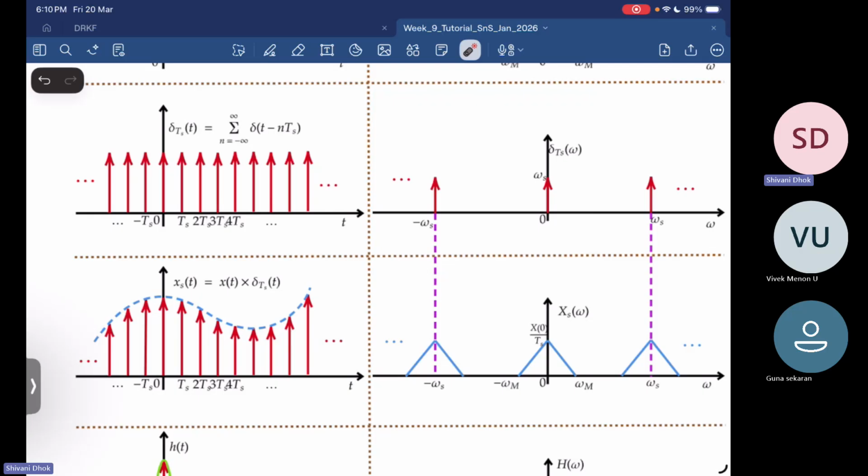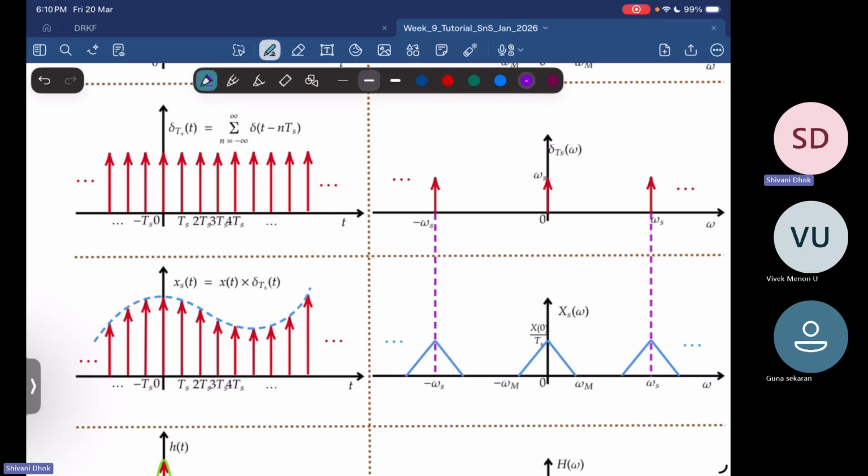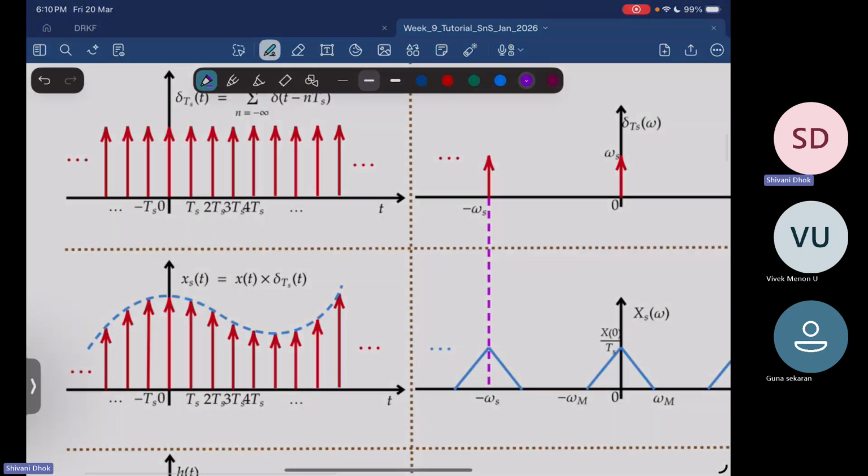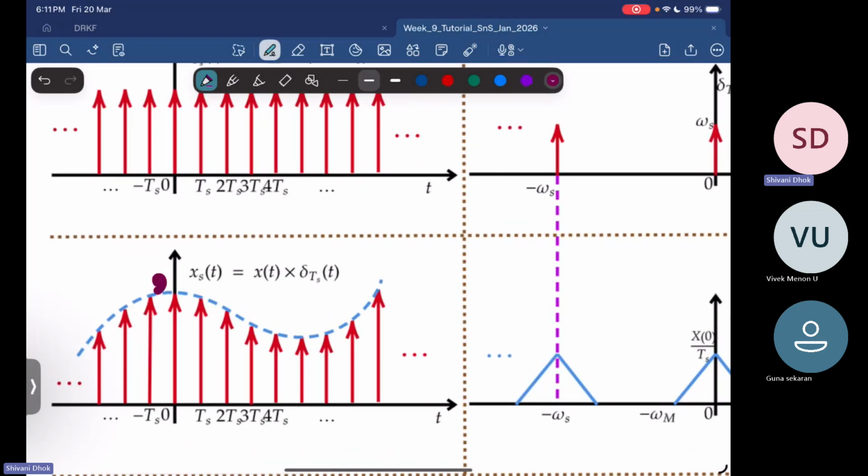So what does it do? This unit impulse picks up the value at that particular location. For example, at t equal to 0, this particular impulse has an area of x of 0. This particular impulse has an area of x of Ts. This one has an area of x of 2Ts and so on.